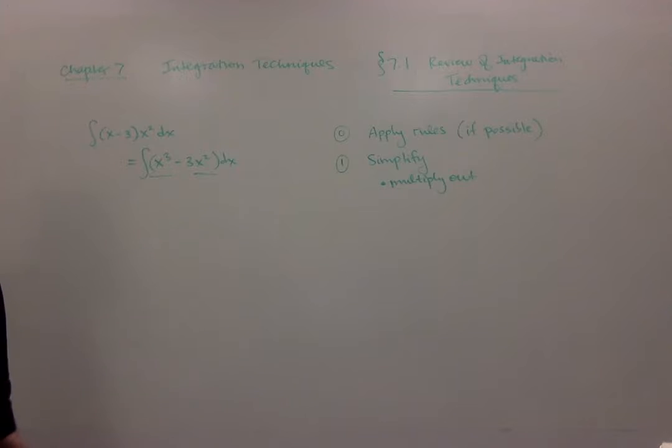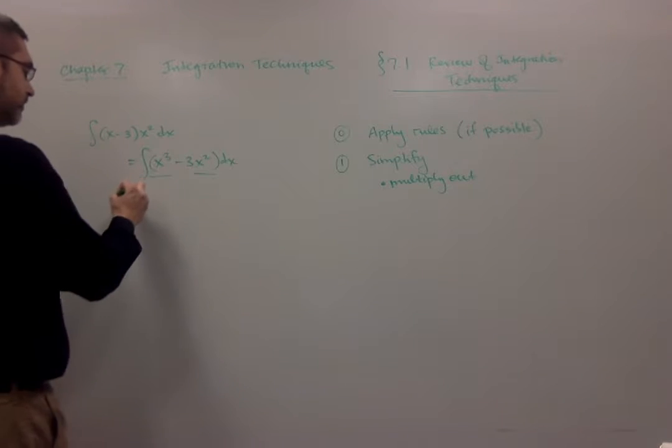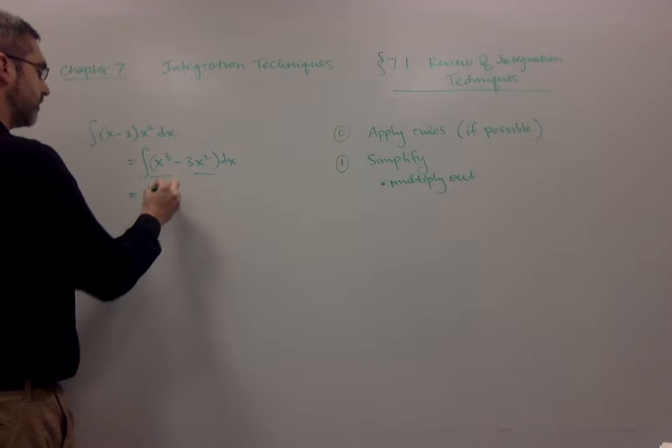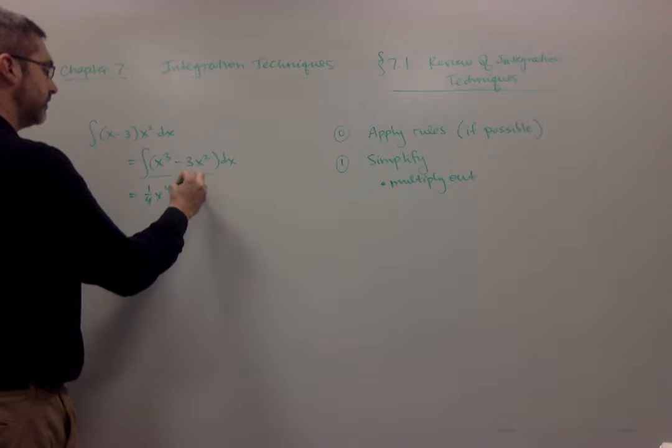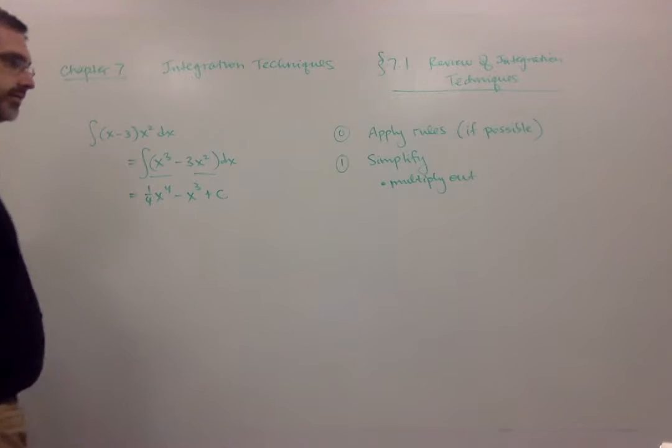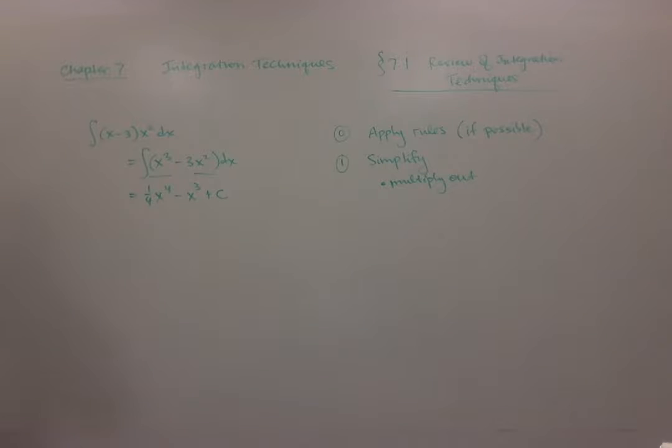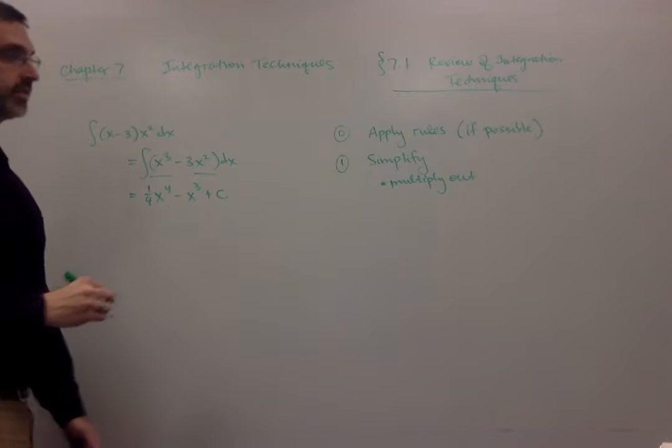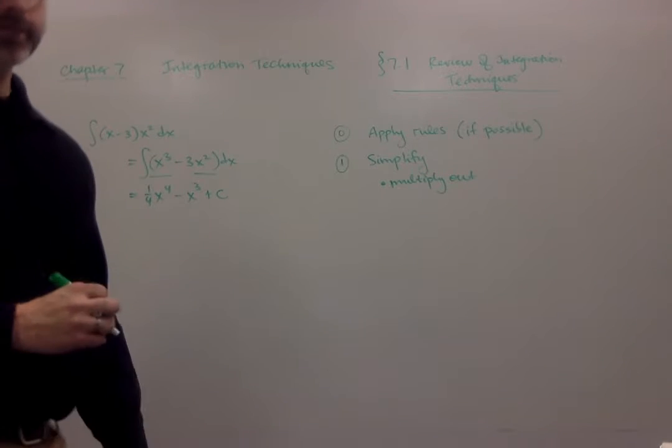That's not a problem. That's 1/4 x to the 4th minus x cubed plus my constant, right? So multiplying out is one of our simplifying techniques.